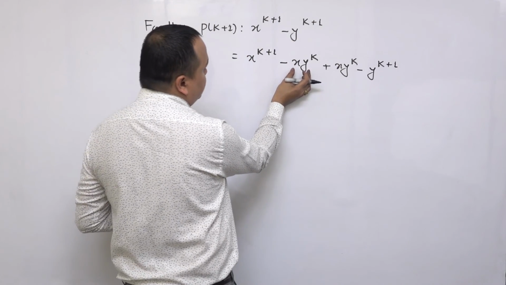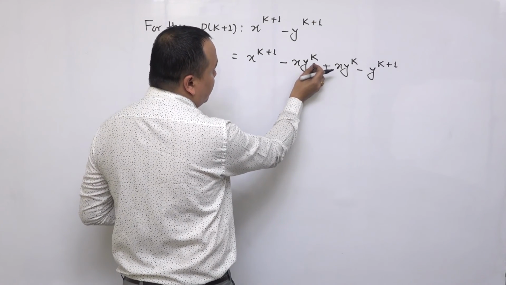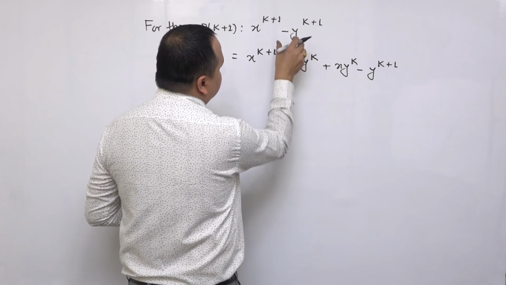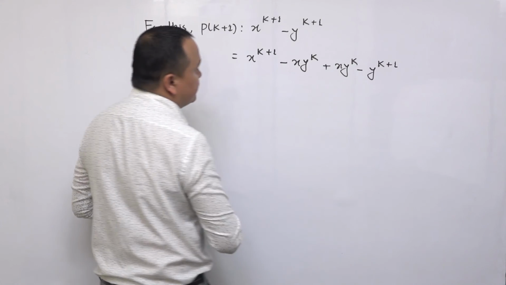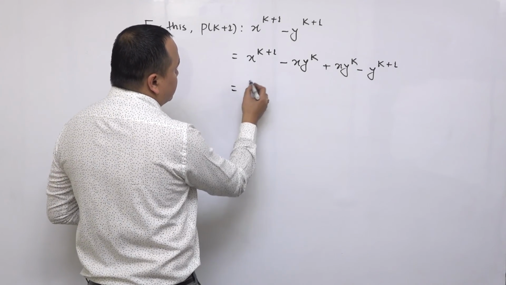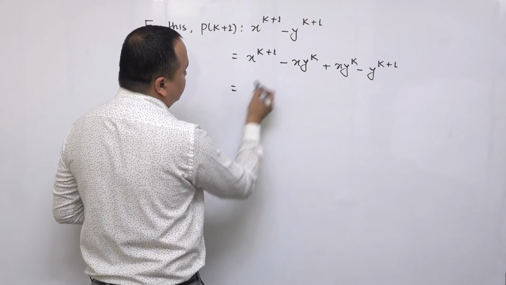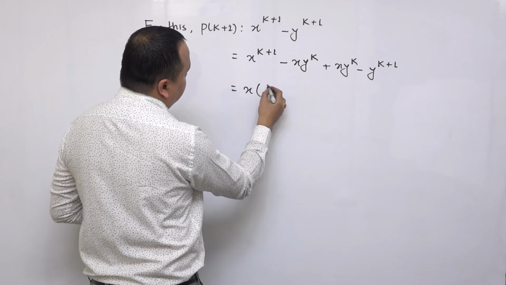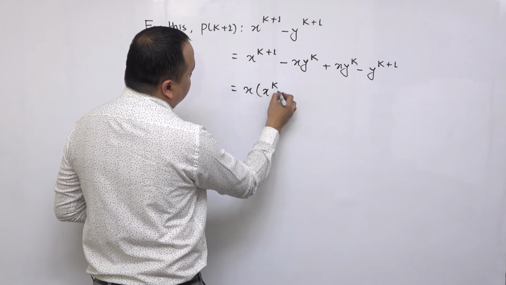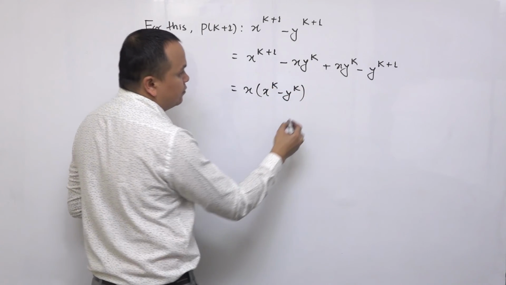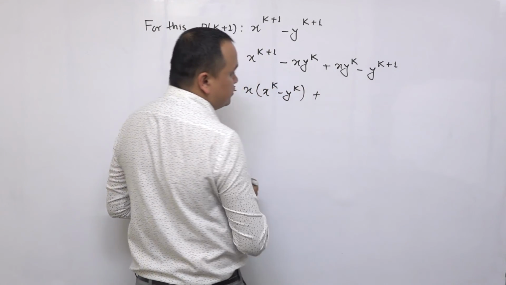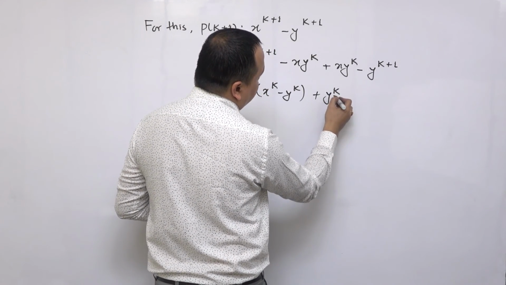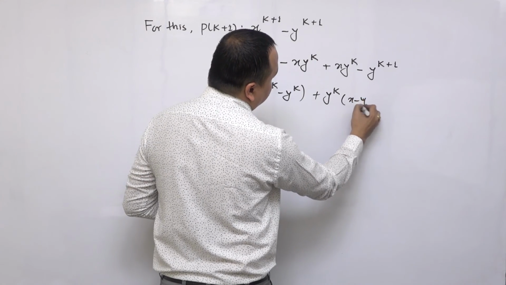Here negative x into y to the power k and positive x into y to the power k cancel, then it becomes the first line. From the first two terms x is common, then the remaining factor is x to the power k minus y to the power k, plus from the last two y to the power k is common, and the remaining factor is x minus y.